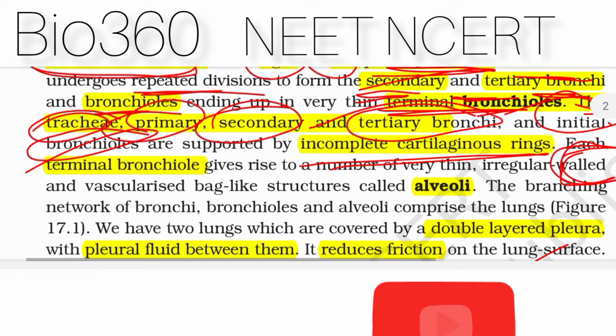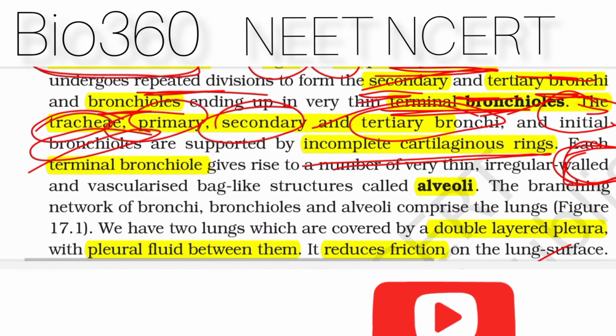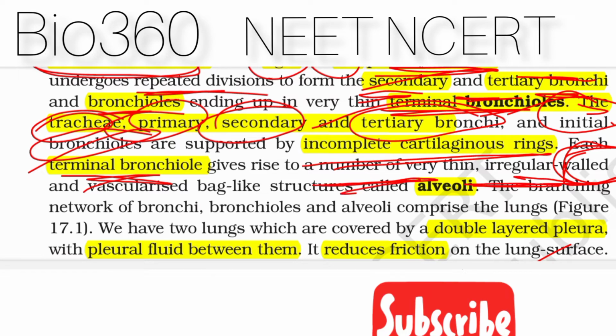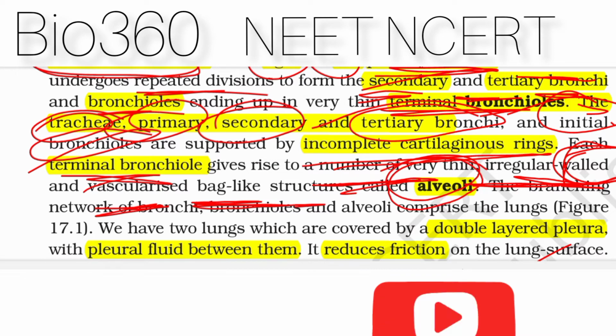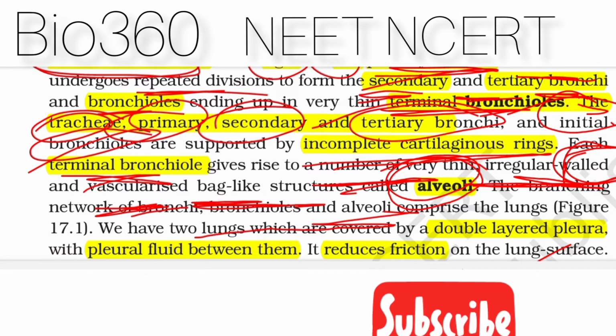Each terminal bronchiole will give rise to a number of very thin, irregular walled, vascularized bag-like structures. These are known as alveoli. This branching of bronchi, bronchioles and alveoli held together we call the lungs.